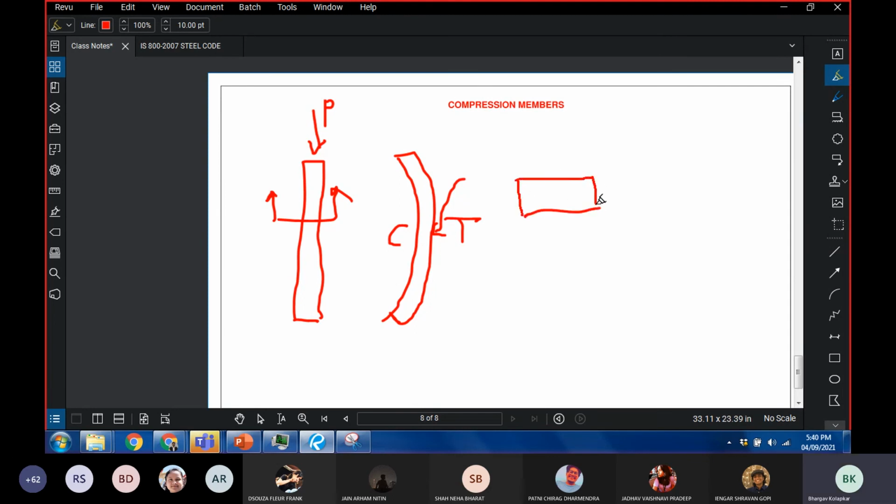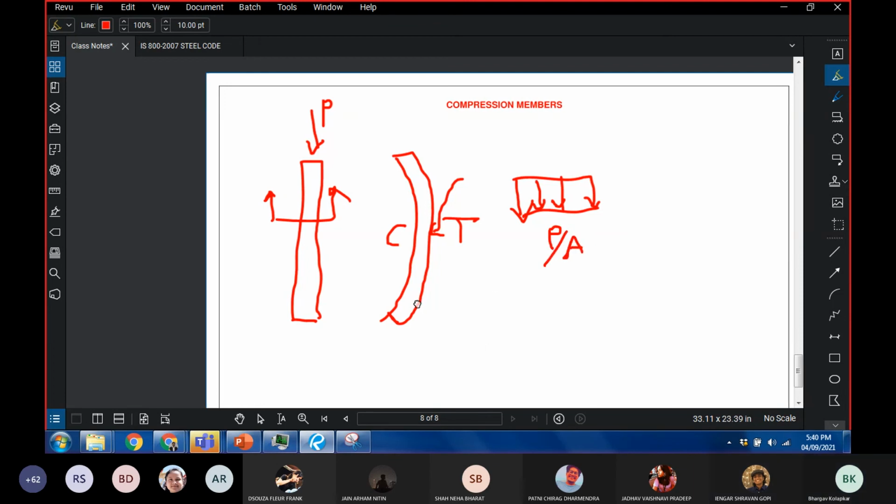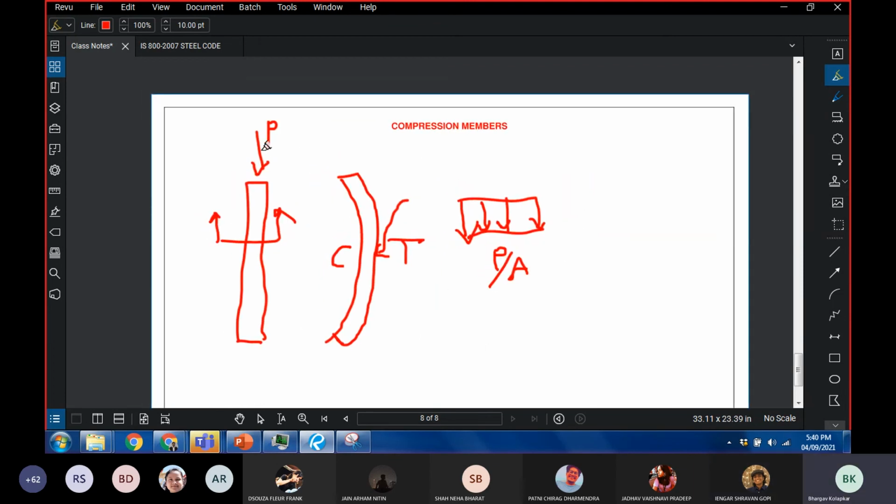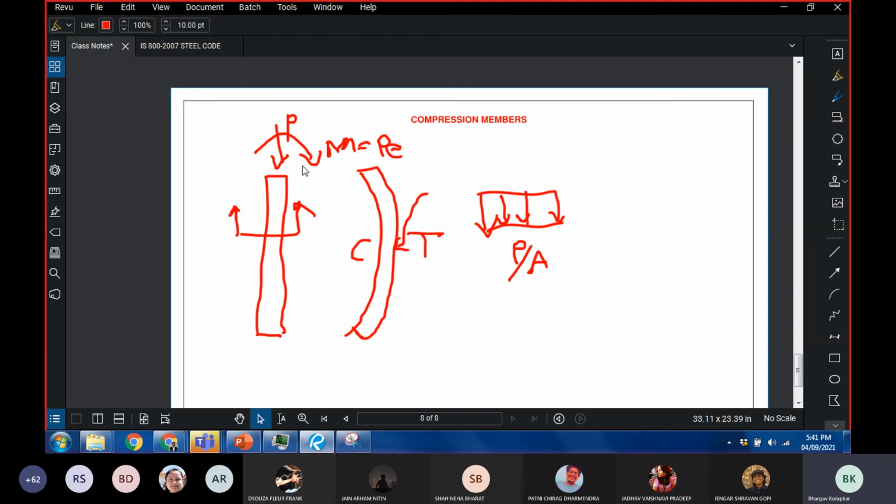The stress at any cross section is P upon A. Now if this load acts at an eccentricity, you will have an additional moment, which is equal to P times that eccentricity.